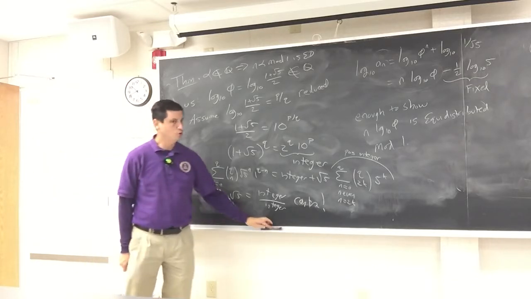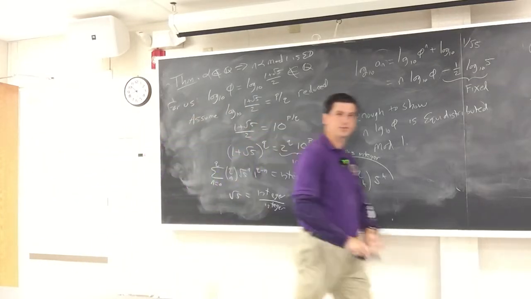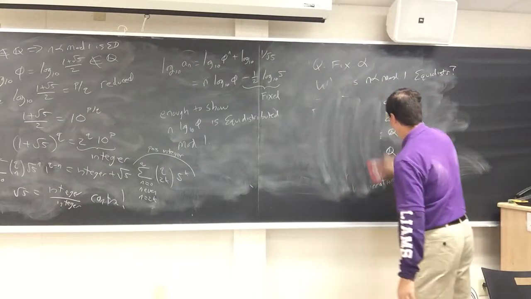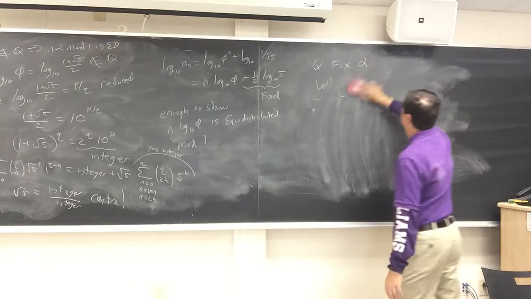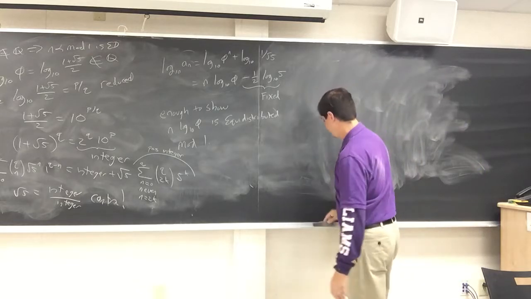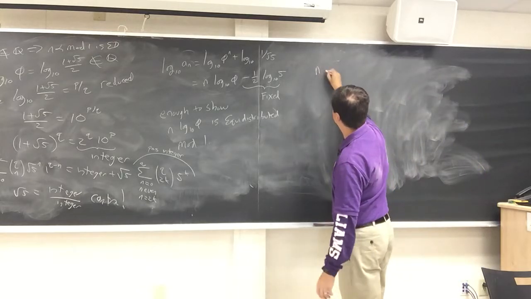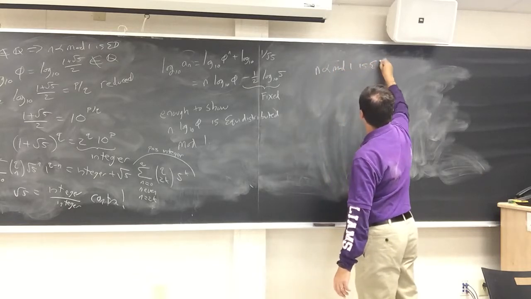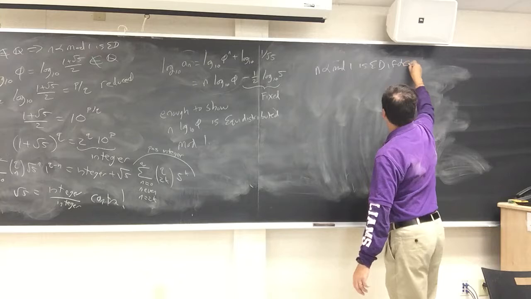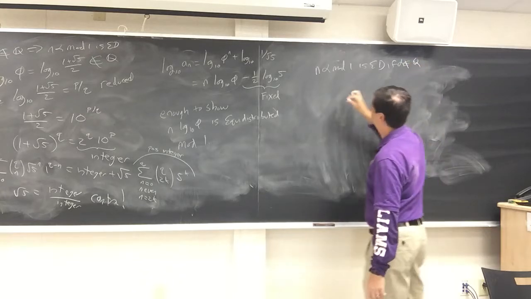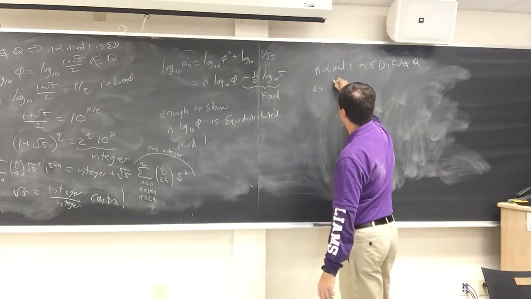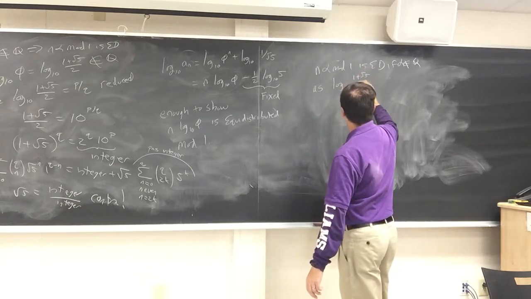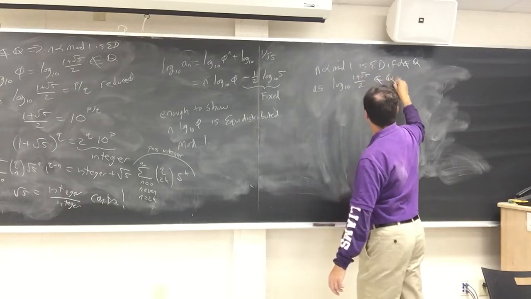Okay, so we can now prove almost that the Fibonaccis are Benford. We know n alpha mod 1 is equidistributed if alpha is irrational, and the log base 10 of 1 plus root 5 over 2 is irrational.